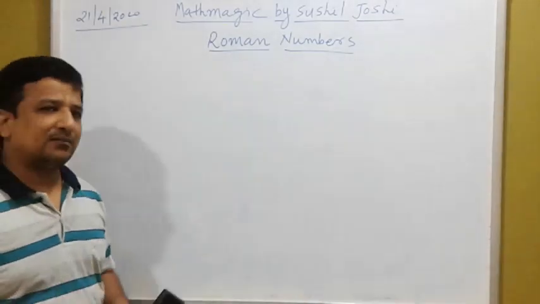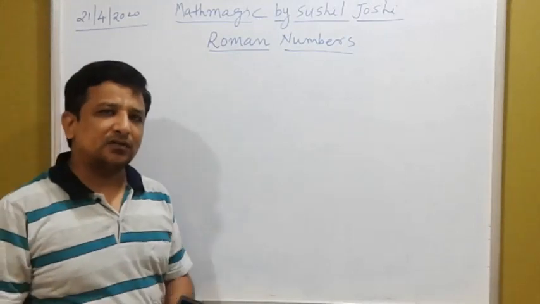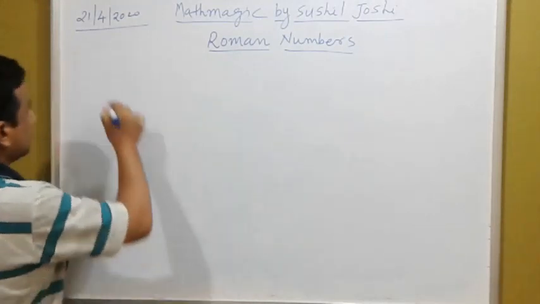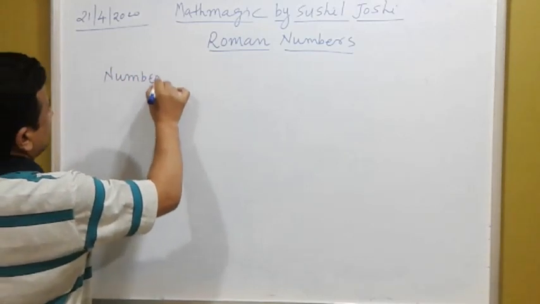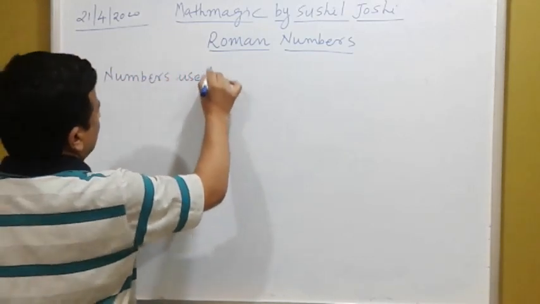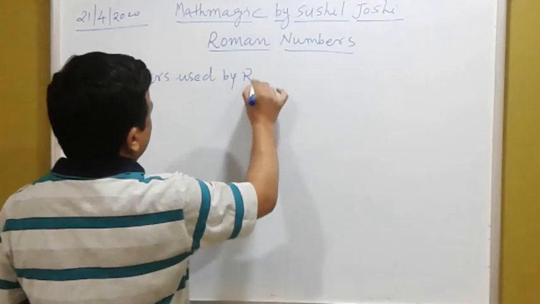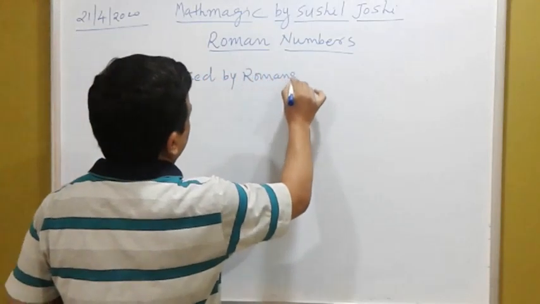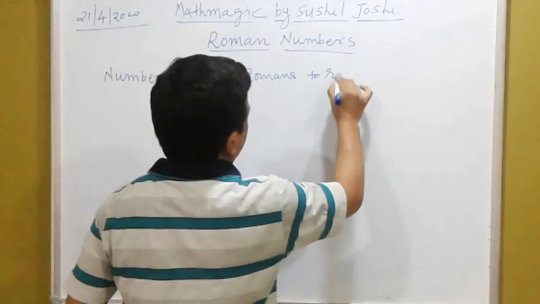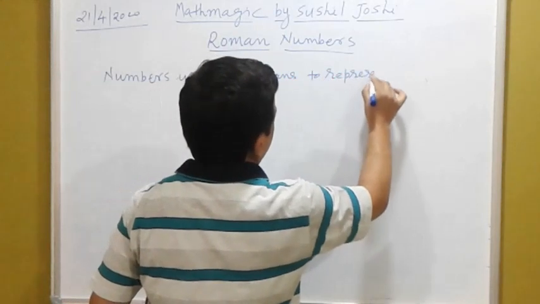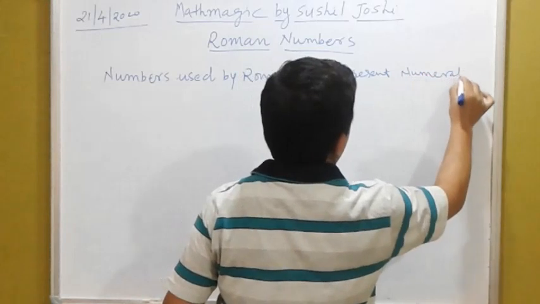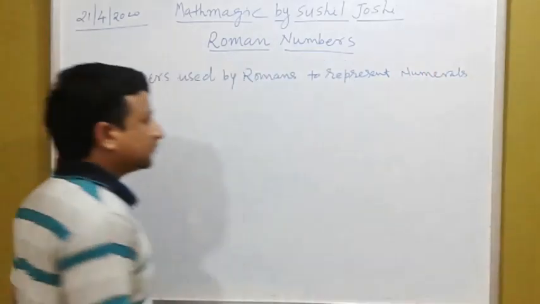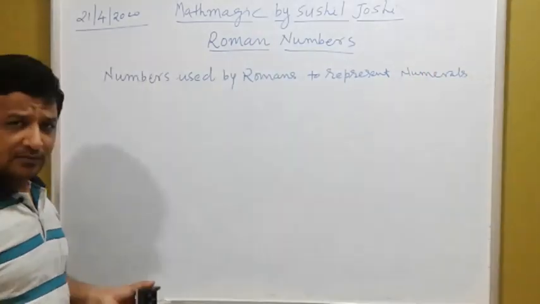Roman numbers are the numbers used by the Romans to represent numerals. So these are called the Roman numbers.